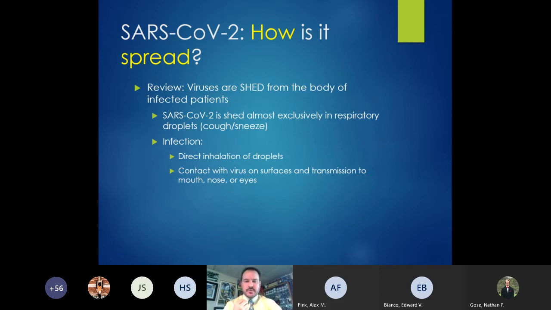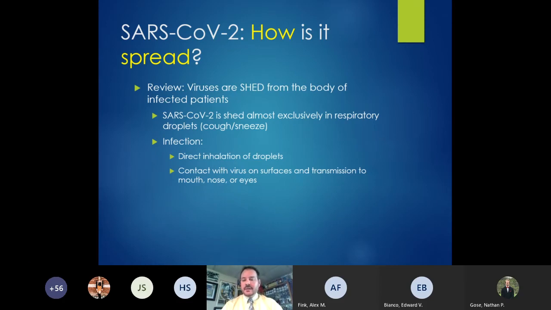So largely, again, respiratory droplets through coughing or sneezing, or so you can get infected directly. If you're close enough to somebody and they cough or somehow emit respiratory droplets, you could, in fact, breathe those in by direct inhalation. Again, that would require some pretty close contact.